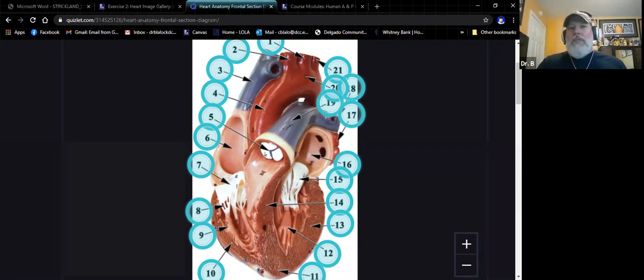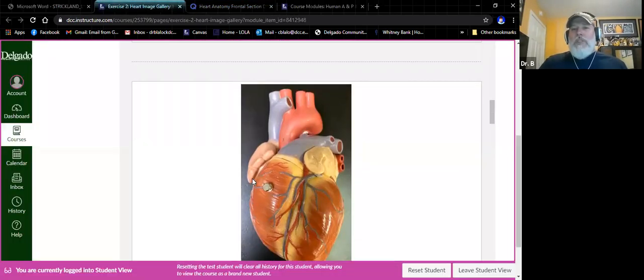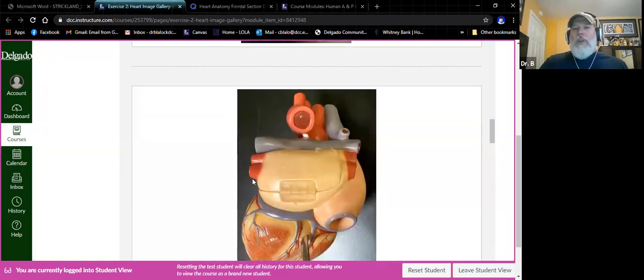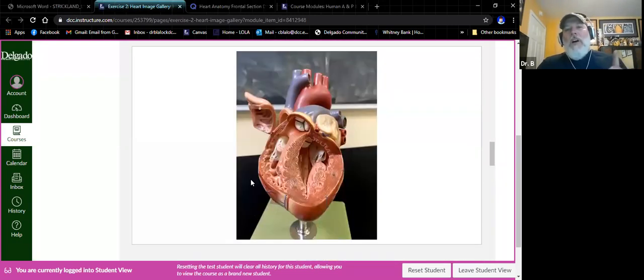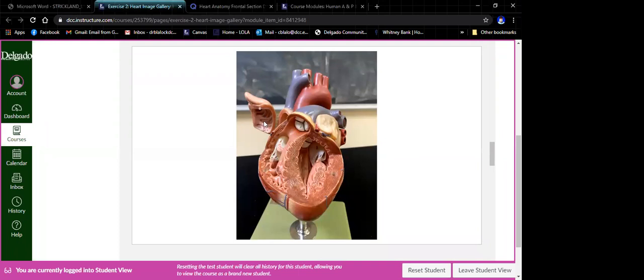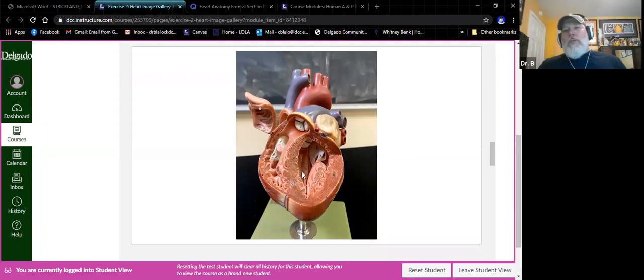But there were a few things that I went back and used these images for, and pointed out directly. Like showing you where the aortic valve was, talking about the pectinate muscles, talking about the trabeculae carneae muscles.